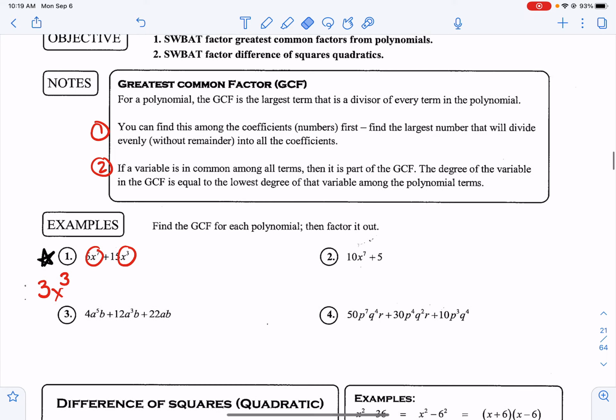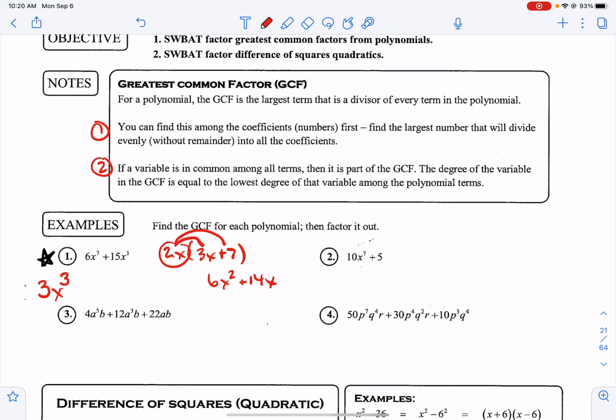Step 3 is I need to factor that out. Or in other words, this is kind of like distributing backwards, right? If I were to distribute, if I had something like 2x multiplied by 3x plus 7, and I take that 2x and I would times it by the 3x and times it by the 7, and I end up with 6x squared plus 14x.